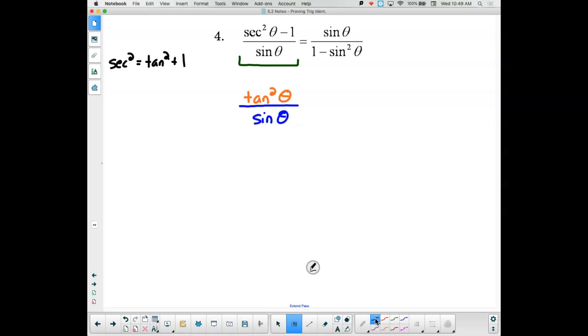Okay. So secant squared minus 1 is tangent squared. Love it. Then I would say that this is sine squared of theta divided by cosine squared of theta. Oops, that should be a squared, not a degree symbol.